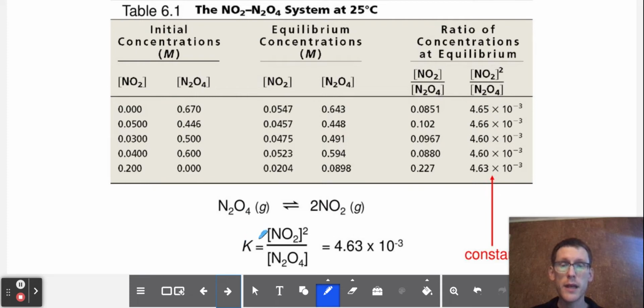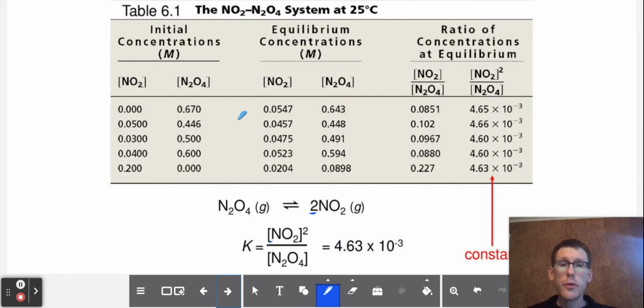And so the equilibrium constant K is calculated as, at equilibrium, the concentration of NO2, the product side, squared, it's squared because of this coefficient of 2, divided by the concentration of N2O4. So at equilibrium, whatever the concentration of NO2 is squared divided by the concentration of N2O4, that quotient will be the equilibrium constant.